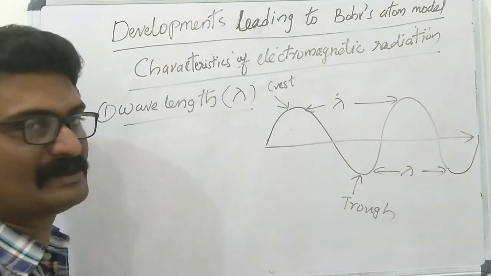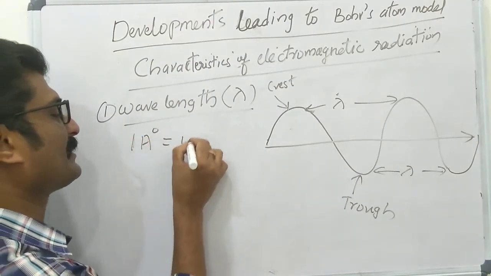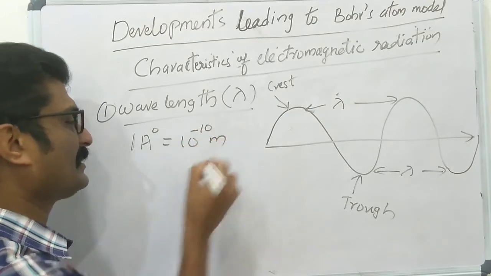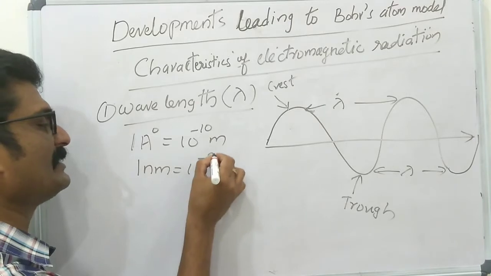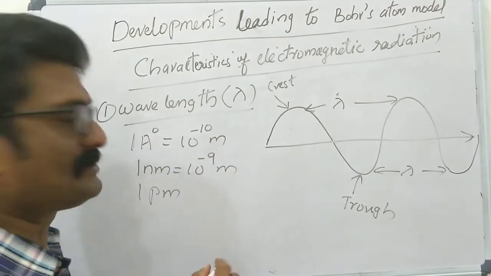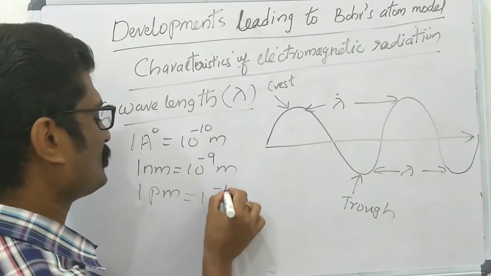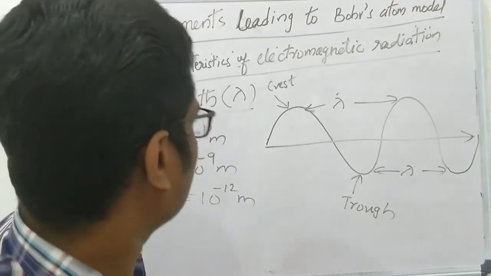Usually the unit of wavelength is Angstrom. 1 Angstrom is equal to 10 raised to minus 10 meter. Similarly, 1 nanometer is equal to 10 raised to minus 9 meter, and 1 picometer is equal to 10 raised to minus 12 meter.